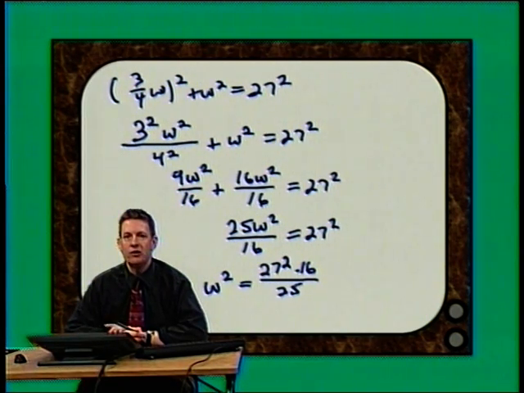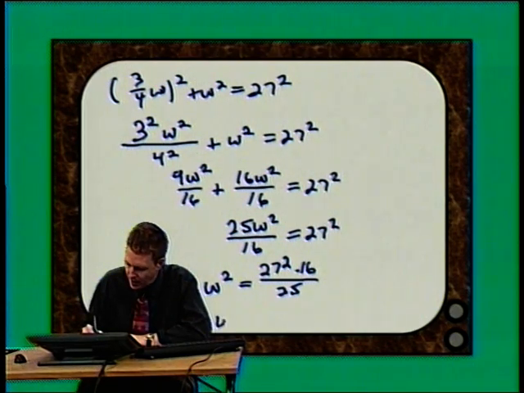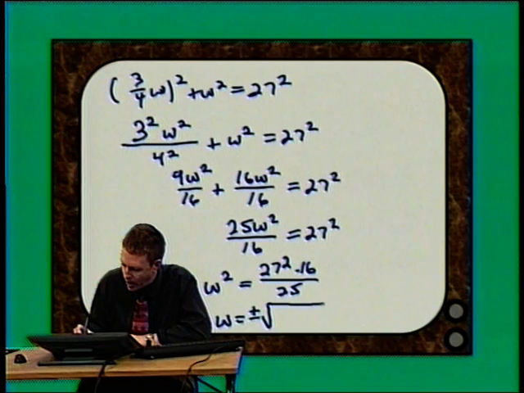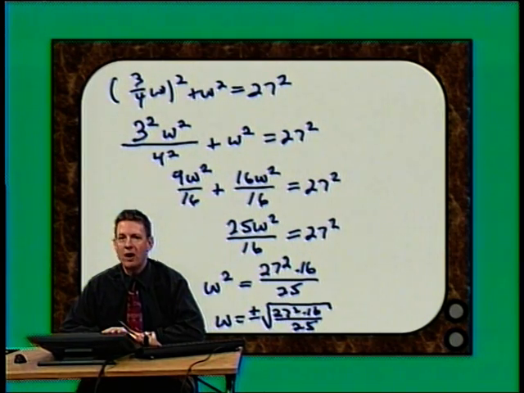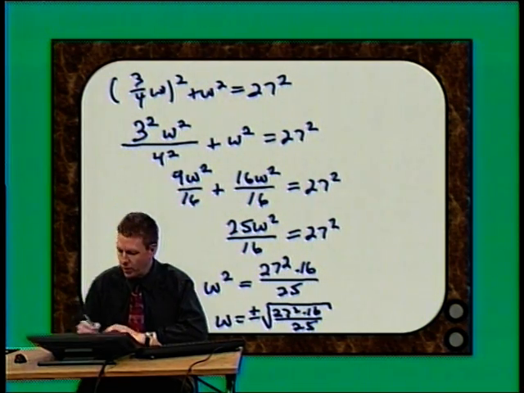And now let's use our square root property to isolate w. W has got to be plus or minus the square root of 27 squared times 16 over 25. One of our square root properties says that we can find the square root of each one of those individual factors underneath the radical sign and multiply and divide those resultant square roots.